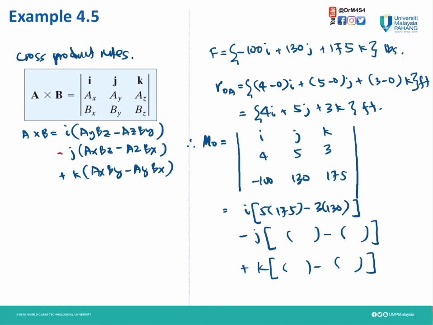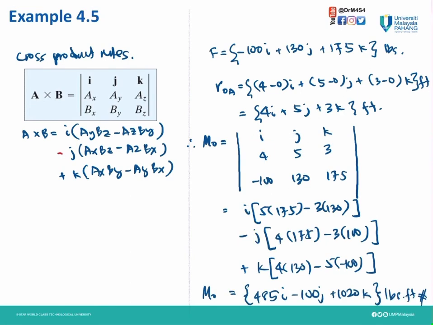Let's do for element I. Take out the column I and row I. Then the value for that is 5 times 175 minus 3 times 130. So do the same for element J and element K. But don't forget, for element J it is minus.